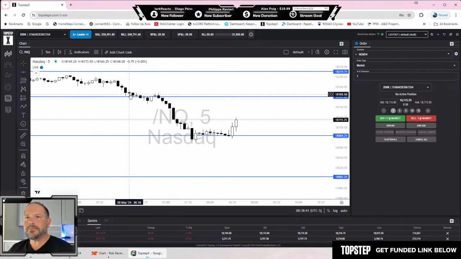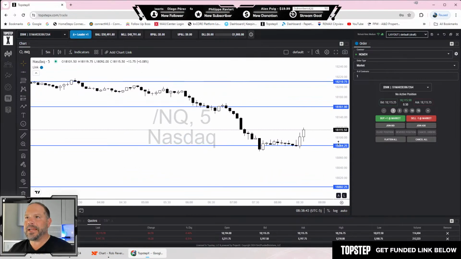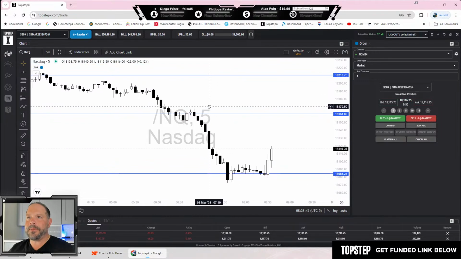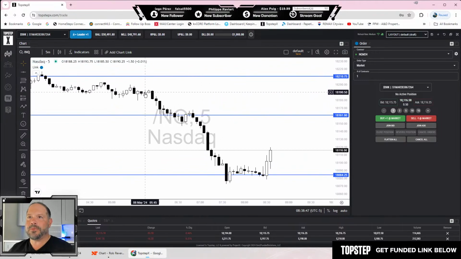Now, maybe not as great, but one that I would map on a 5-minute would be right here, where you had up bar, down bar, up, up, and then a clear down bar that made price action move pretty strongly, or definitely more strongly than the previous price action.